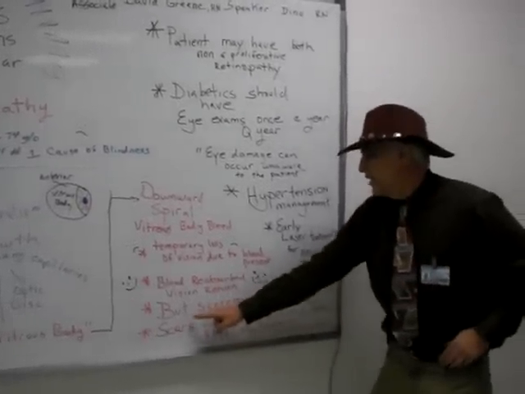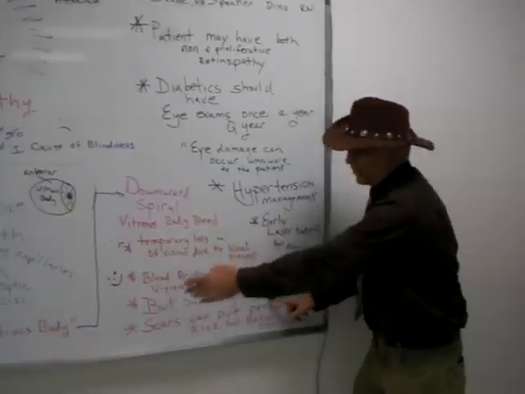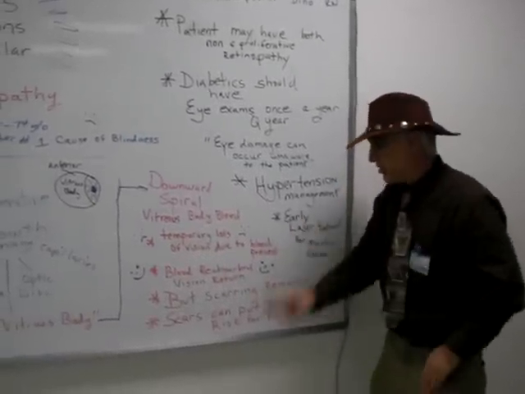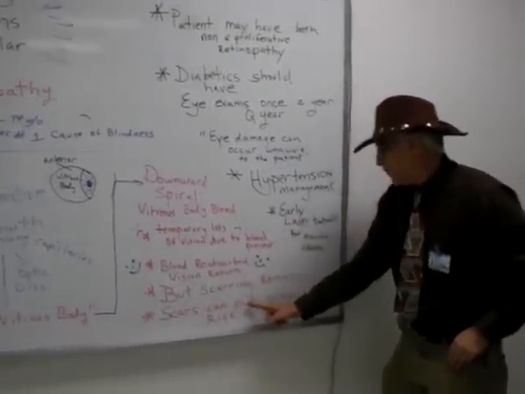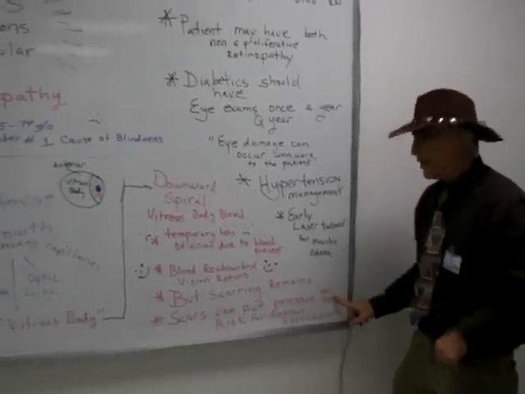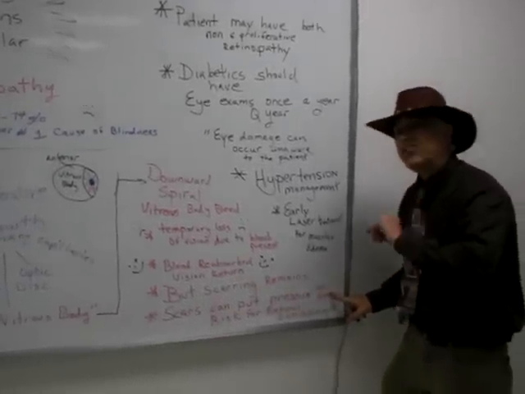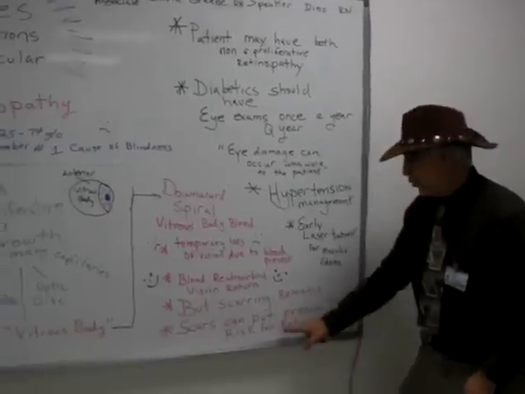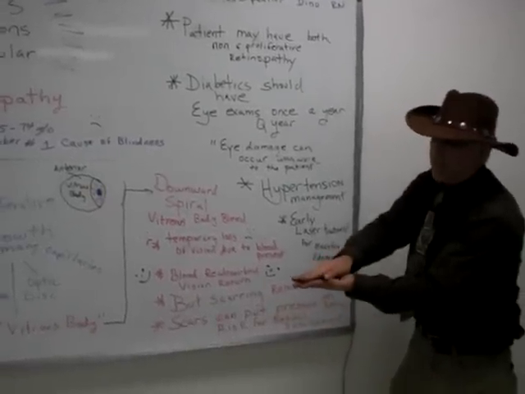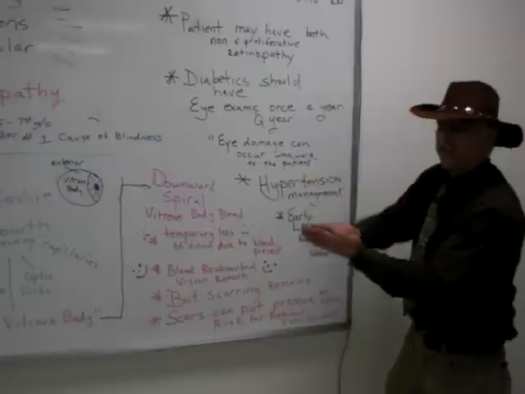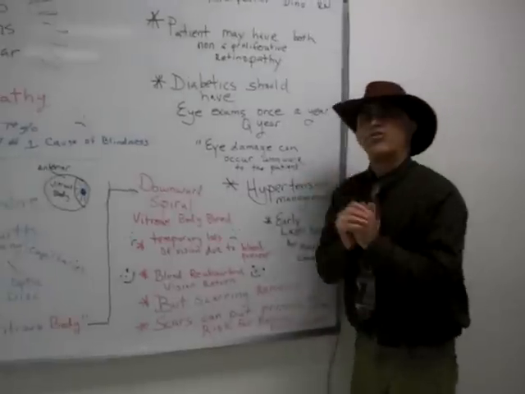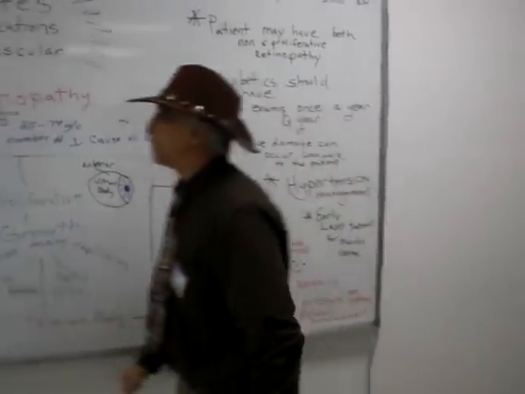However, there is some scarring from the event. And what's the problem with the scars? In this case, scars can put pressure on the retina and can put the patient at risk for another problem called retinal detachment. Like a piece of tape just coming off a surface. Retinal detachment.